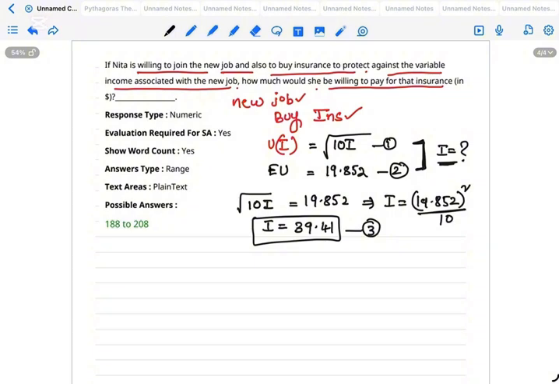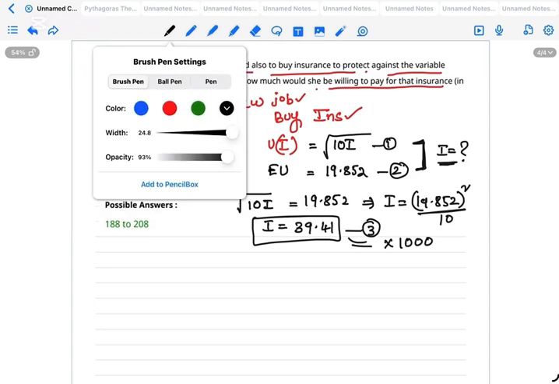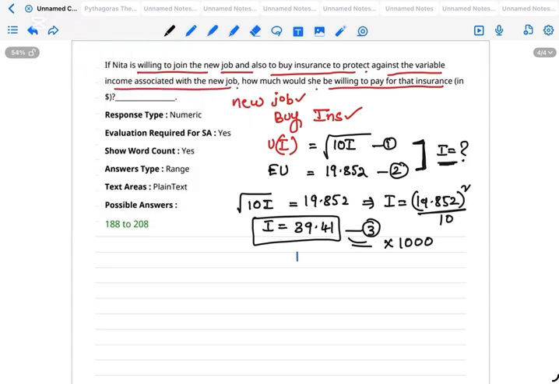So 39.41 we multiply by 1000, so that the income is 39,410. Why do we multiply by 1000?